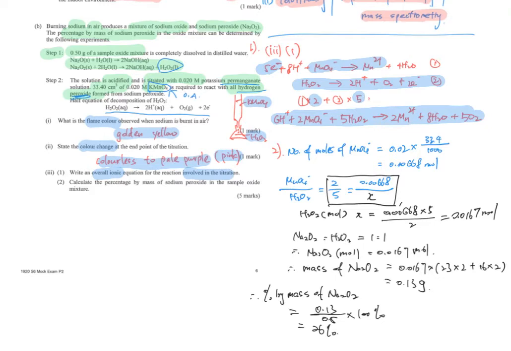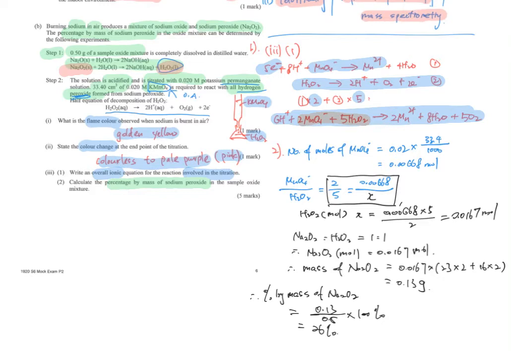And part 2, calculate percentage by mass of sodium peroxide. So sodium peroxide is here, but we can't directly calculate its mass, so we need to find out its product, hydrogen peroxide, first, from the titration.